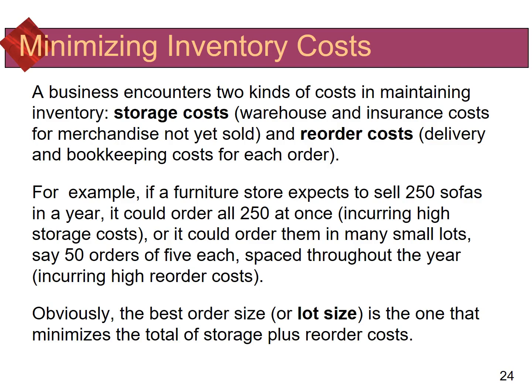So that's going to maximize your reorder and production costs, because you have those fixed setup costs every time you do it. So basically, the best order size or lot size is one that minimizes the total cost, one that has the best combination of these two costs together that makes it as small as possible.